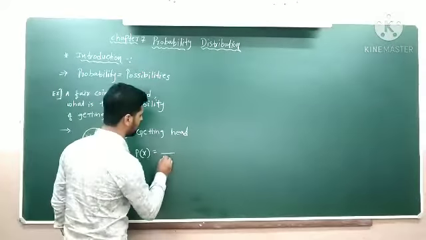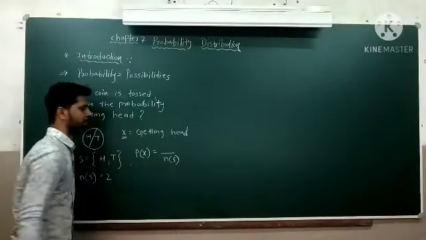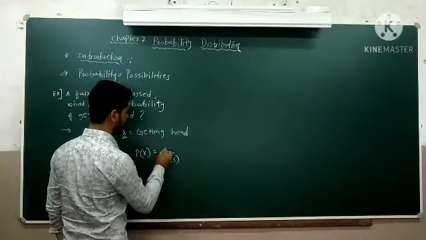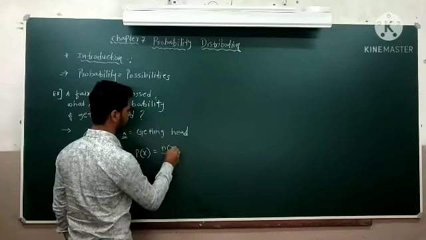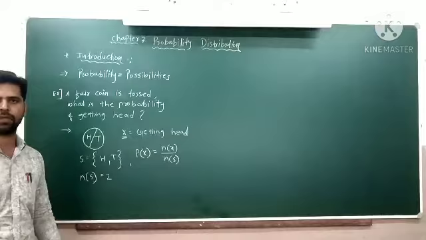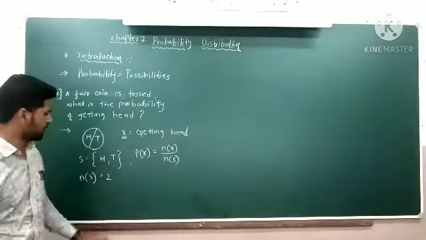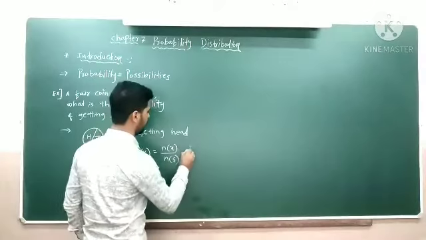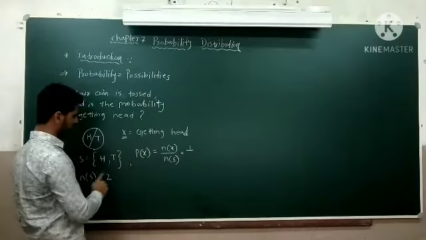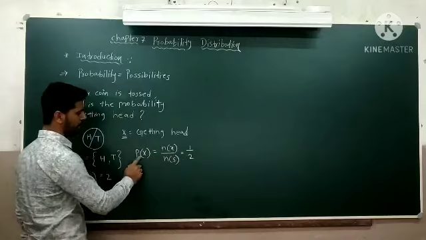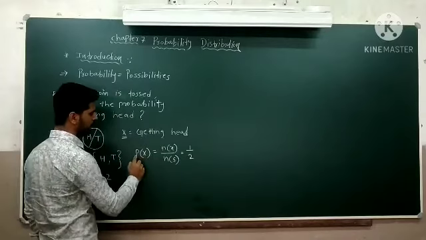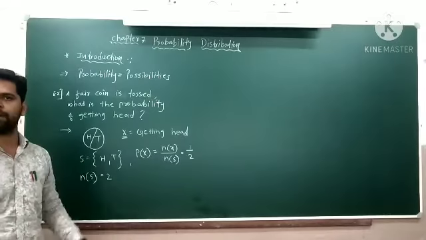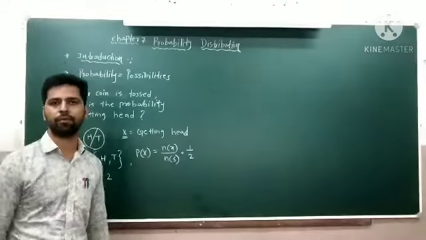In the denominator you will write the total outcomes, n of S. And in the numerator you write n of X, which means the number of times the event occurs. How many times are you getting head here? Only one time. So n of X is 1 and n of S is 2. So the probability of getting head is 1 by 2.